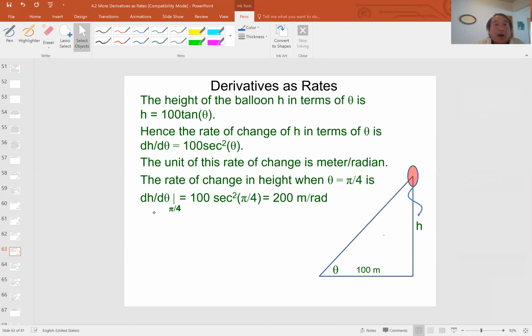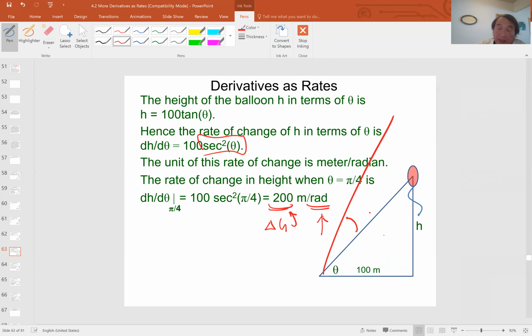And for the rate of change at pi/4, we plug pi/4 into secant squared theta, and you find out that's 2. So therefore, when the angle is pi/4, at that elevation angle, for 1 radian of increment, approximately, the gain is in height. So if this goes up by 1 radian, of course, these are approximations, right? Basically the amount of height gain is 200 meters.